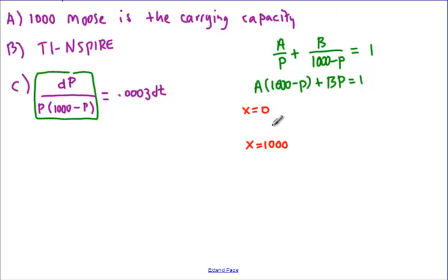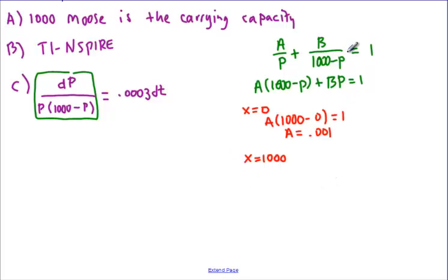When x is equal to 0, I'm going to have A times (1,000 minus 0), and B times 0, equals 1. In this case, then, A is going to be equal to 0.001, because 1 divided by 1,000 is what this one's going to end up being.